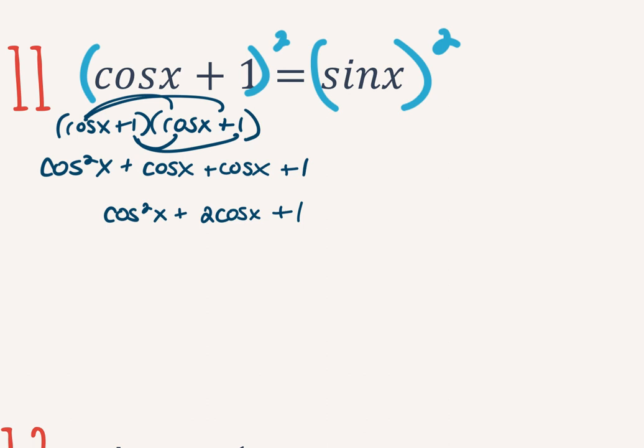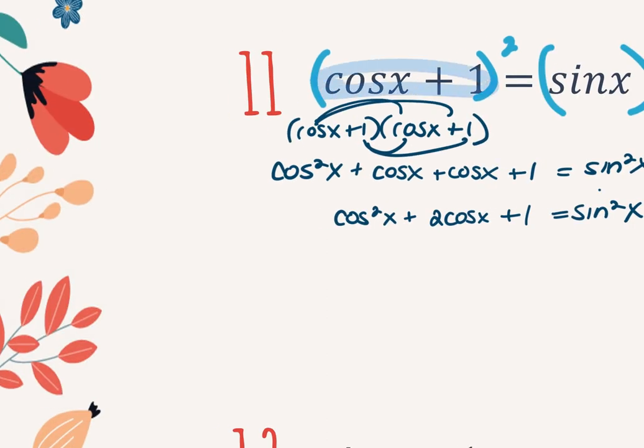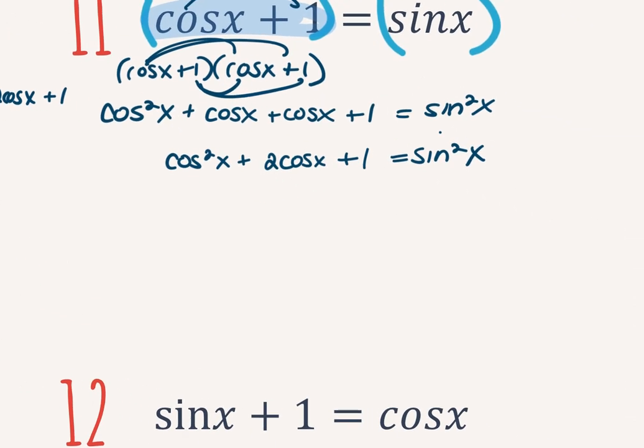Then we square the right side, and I get sine squared x. The shortcut for a sum or difference squared is you square the first term, you square the last term, and you double the product, so it would be 2 cosine x. You're going to do this at least a couple of times in tonight's homework, so it's useful to remember that shortcut. If you don't remember it, you just expand and FOIL, like we did.